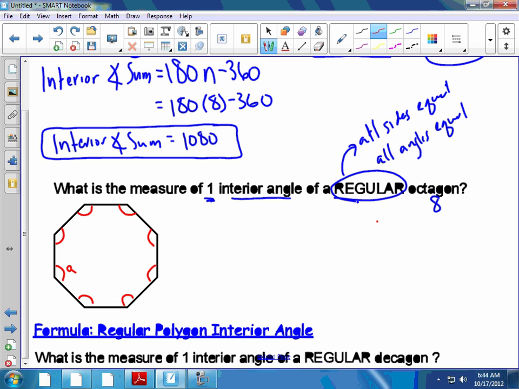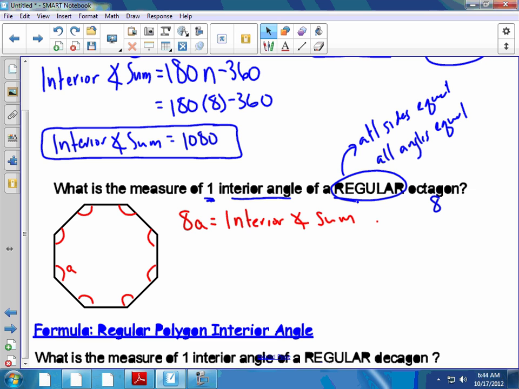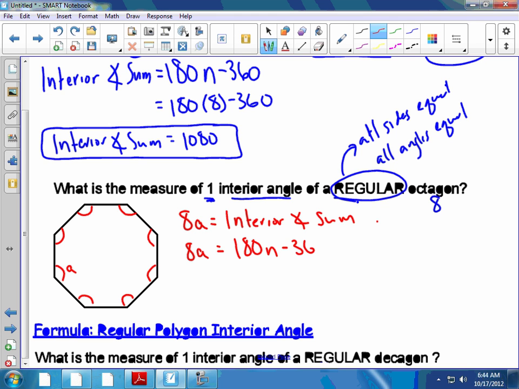A plus A plus A plus A plus A plus A plus A plus A, which is 8 of them. So 8A. That should equal our interior angle sum. But we have a formula for interior angle sum: 180 times n minus 360. And we know what n is. N is 8.